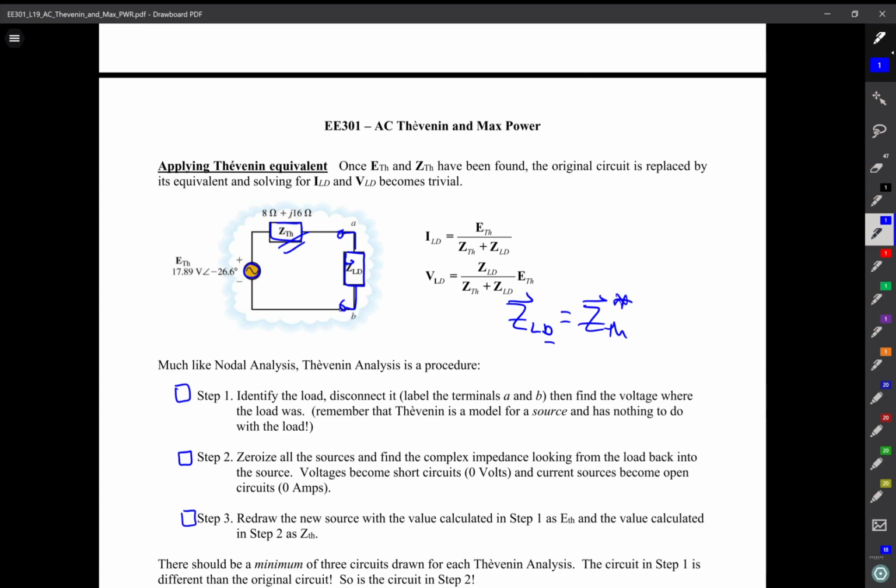Now, what we'll find is that the complex conjugate ensures that the current is in phase with the Thevenin voltage, and the load resistance is delivering max power. So let's see what this does to our max power equation.